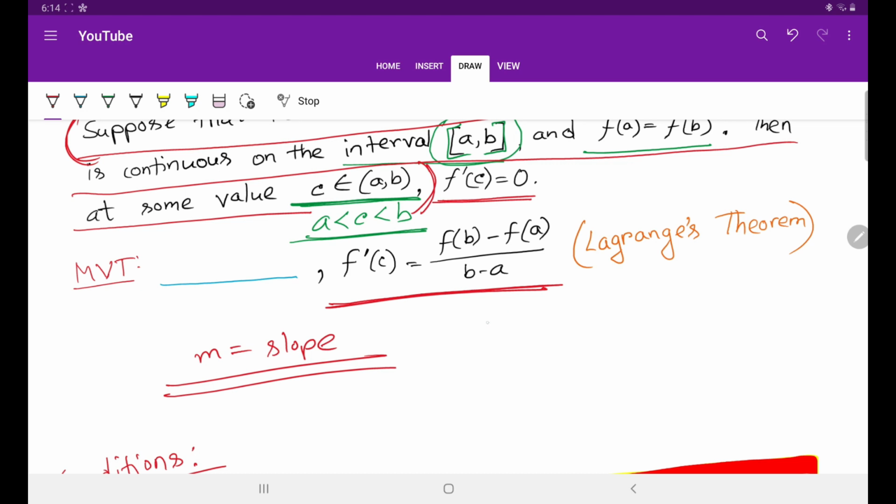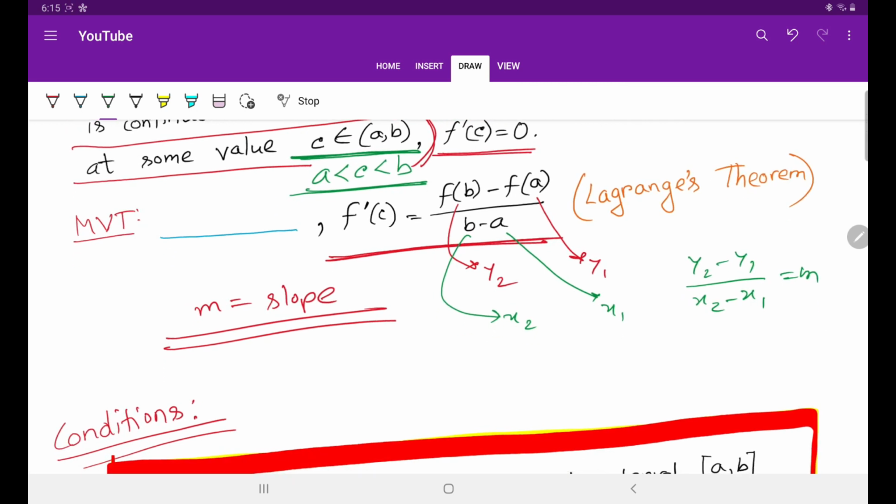If you look closely, what is AB? This is y2, this is y1, and this is x2, x1, right? So this is basically y2 minus y1 divided by x2 minus x1, right? So this is m. Simple as that. Remember that. It will help you remember this formula.